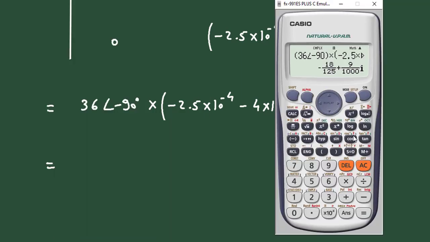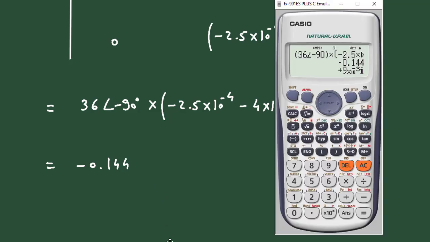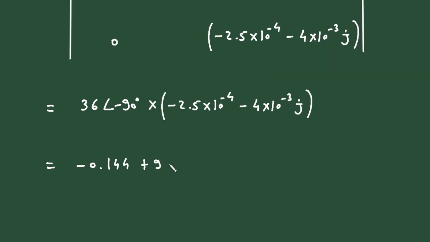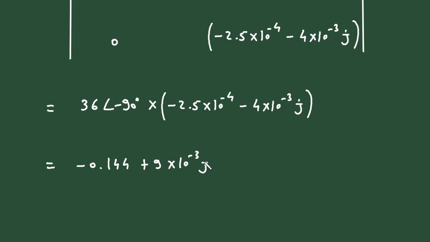So it is equal to this much, minus 0.144 plus 9 into 10 to the power minus 3 j. This is the value of delta 1.